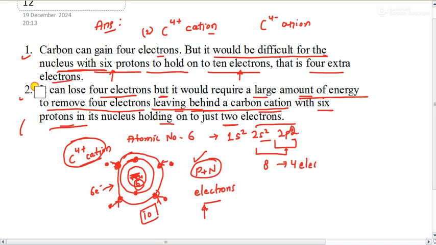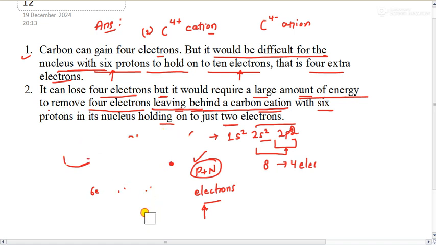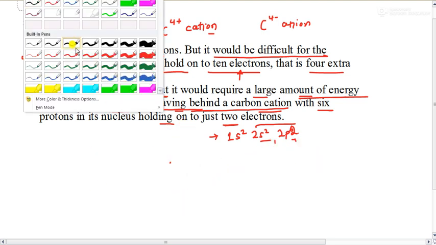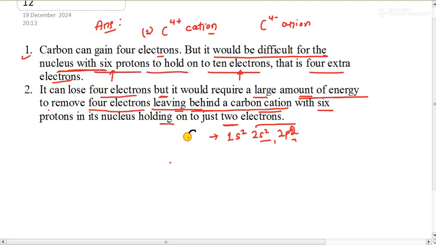Sir, can you explain the configuration? What is the atomic number of carbon? It is 6, right? In the first shell it has the S subshell, and for S only 2 electrons can be filled, so this is 1s2, next is 2s2, and 2p.